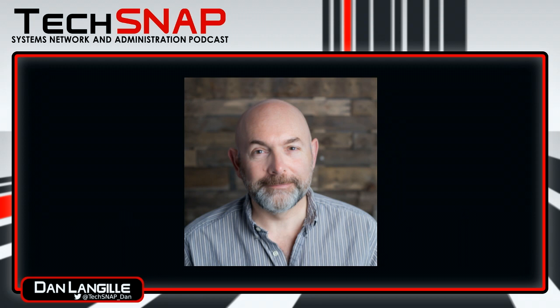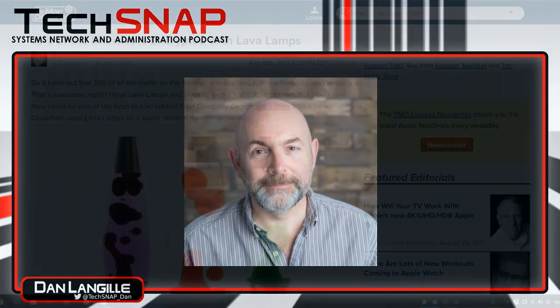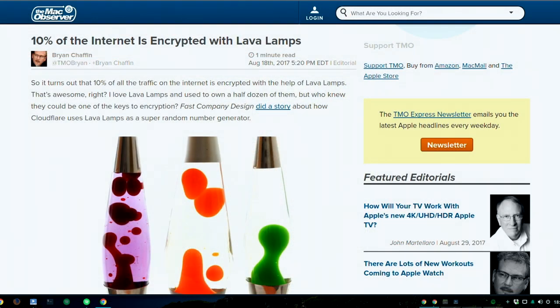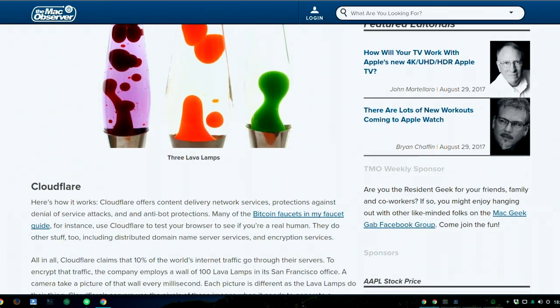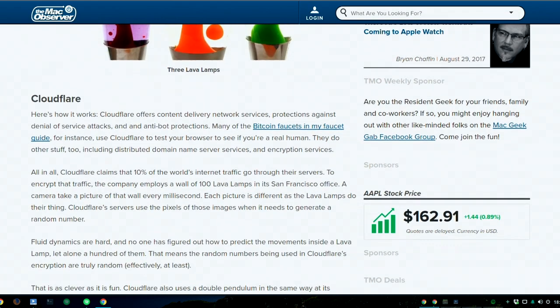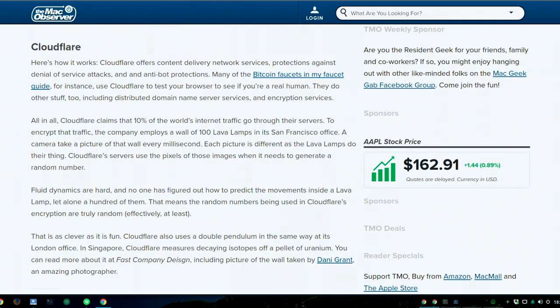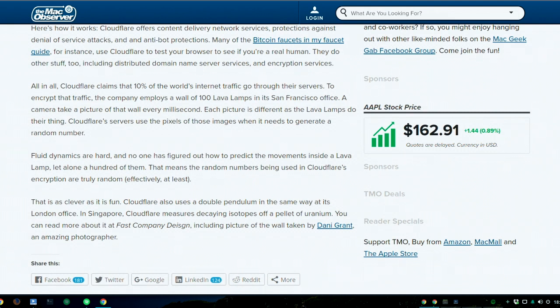Very much so. Okay, with that, we're on to our final roundup item of the day. This is a fun one: 10% of the internet is encrypted with lava lamps. Say what? Cloudflare offers content delivery network services, protection against denial of service attacks, and the like. They claim that 10% of the world's internet goes through their servers.